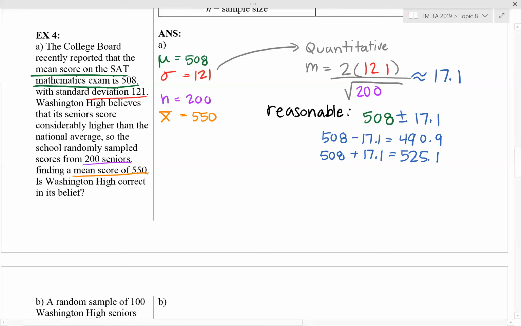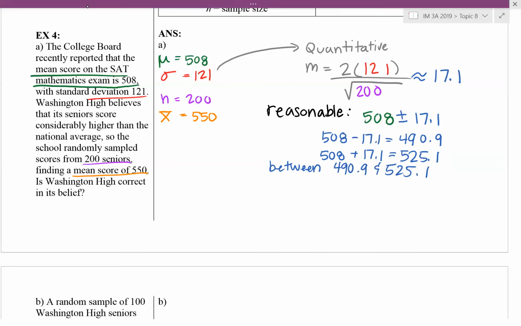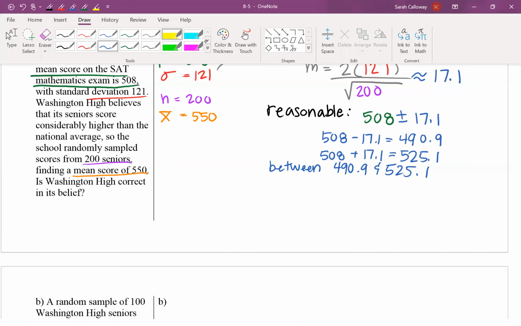So that means that a reasonable set of values would be between those two numbers, between 490.9 and 525.1.